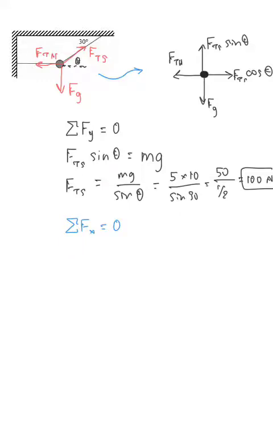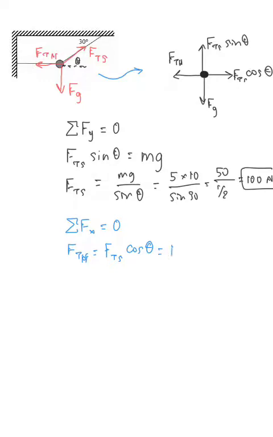Net force in the x direction equals 0, which means we can set left equals right. So I'll say FTH is equal to the rightward forces, which are FTS cosine of theta. And now since we're solving for FTH, all we have to do is just plug the numbers in.